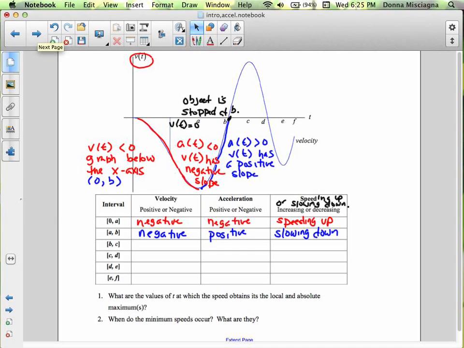All right, so from B to C, here v of t is greater than 0. The graph's above the x-axis.